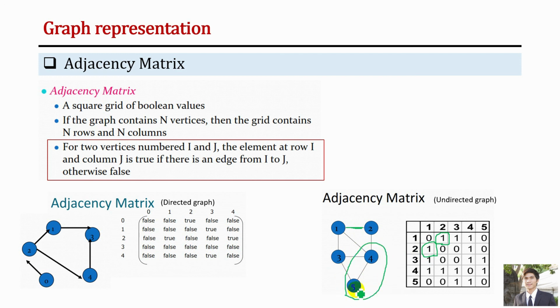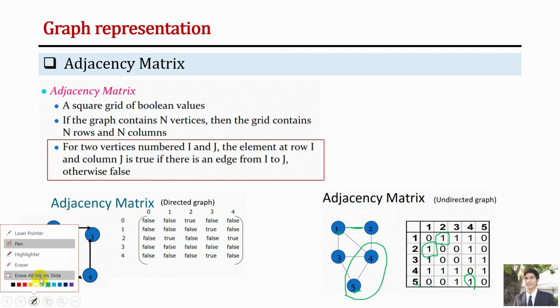Another example, from 5 to 4, row 5 and column 4 here, we got a number because they are connected. But if we focus on 5 and 1, there's none, because vertex 5 and vertex 1 have no connection. We must go through the path 5, 3, and 1. That's how we represent it.